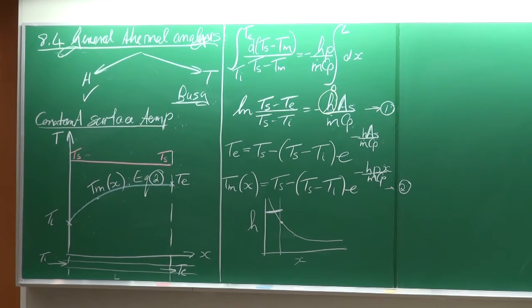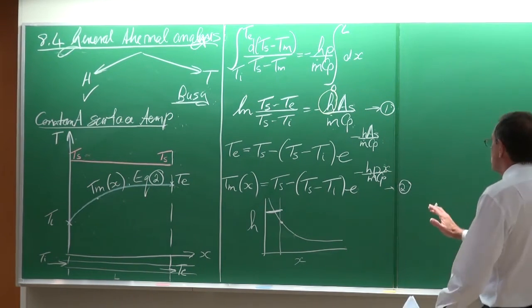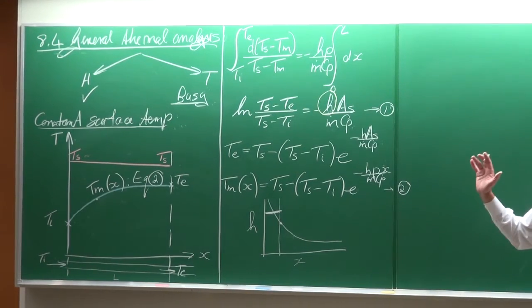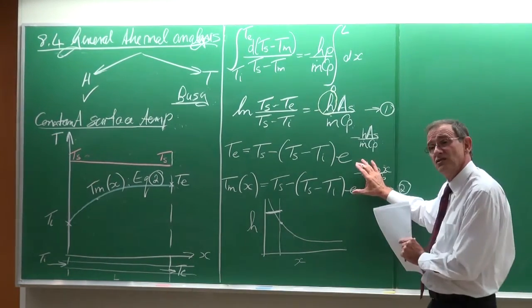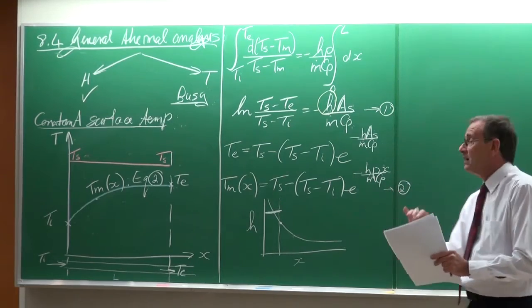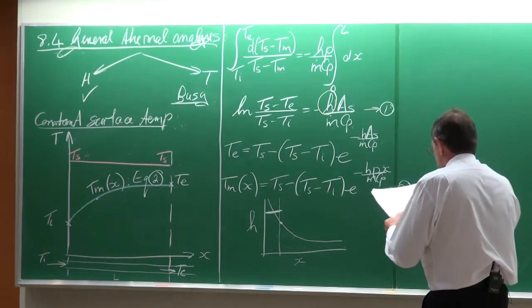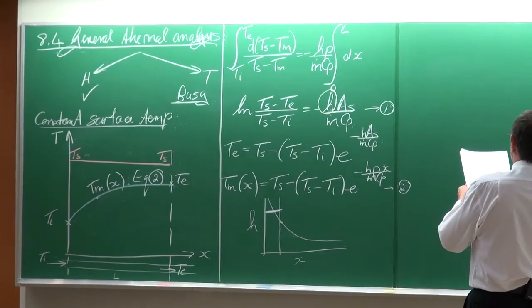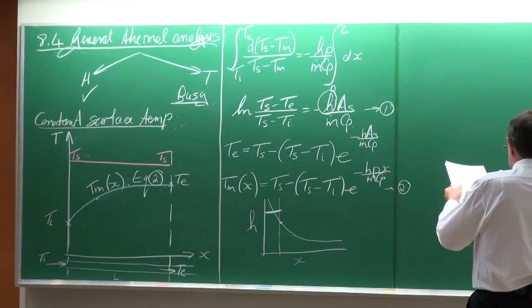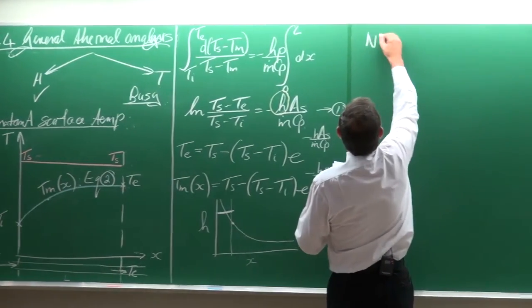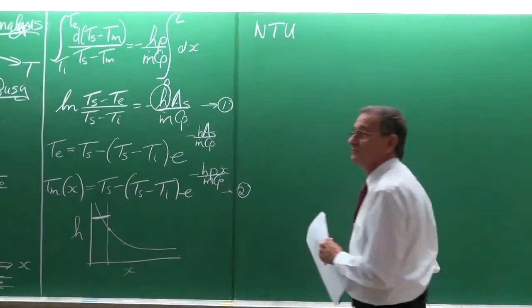Now, this is a great equation, and you see it in many books. People use it, but in many cases they do not really understand the complications of it and what it really means. And you can see this by looking at this term here. This term is known as the NTU, the number of transfer units.